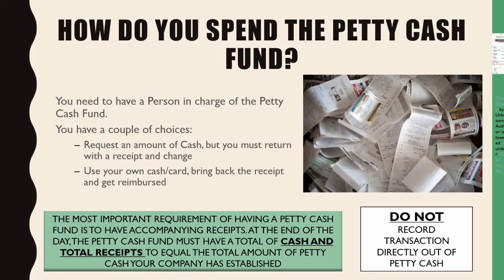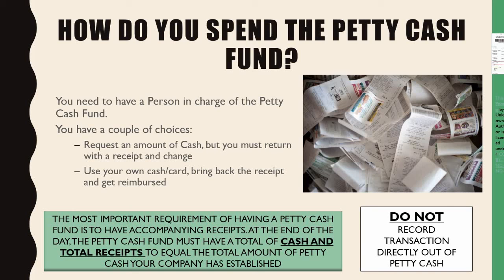As we make our expenses and keep pulling money out of our petty cash fund, the person is going to record the transaction. Every time you open up the petty cash drawer, you're going to notice there is less money in there and more receipts.